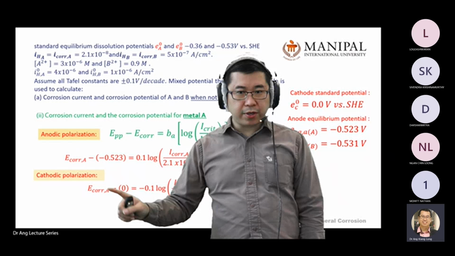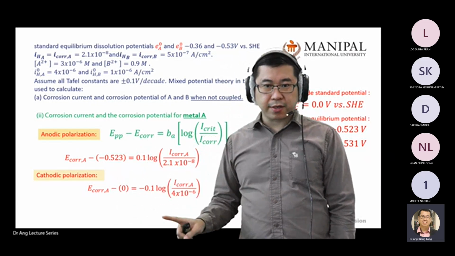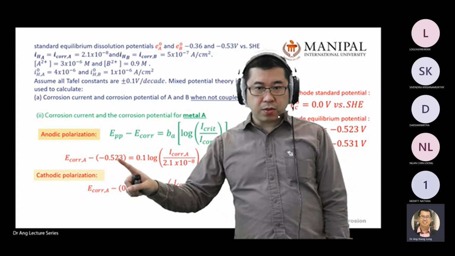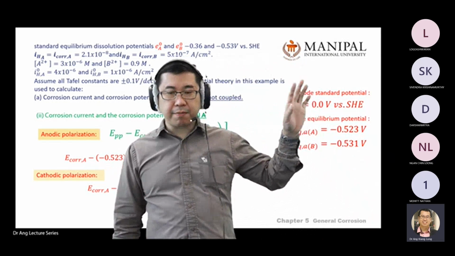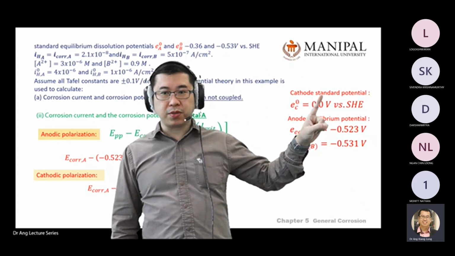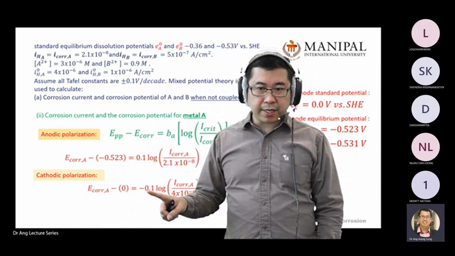You do the same for cathodic. So cathodic, you use the same procedure, right? So your EPP is 0 because before you couple, you get 0. Okay, before you couple, you get 0 here. Then the rest is the same.